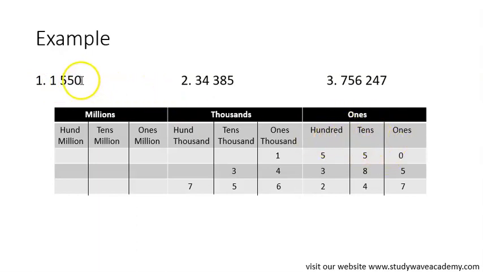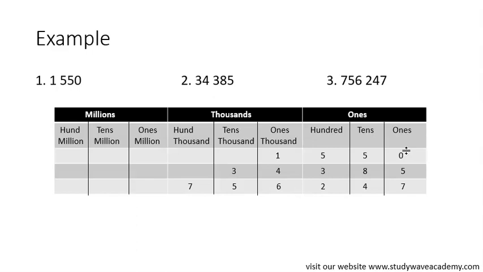So 0 in the ones column in ones and 5 in the ones column in tens. The next 5, which is 500, in the ones column in 100. And 1 in the ones column in 1,000. So we have 1,550. Do we understand that?